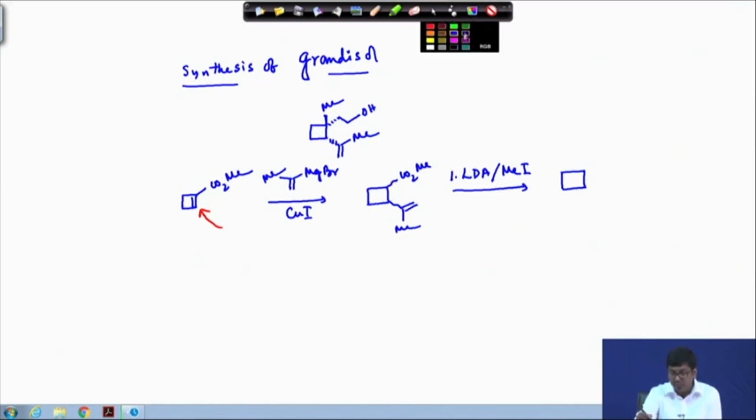So, this base will pick up the proton from here. Once it picks up the proton, it can again attack the corresponding electrophile, and in that case that will be the guided attack, and this will give the product.